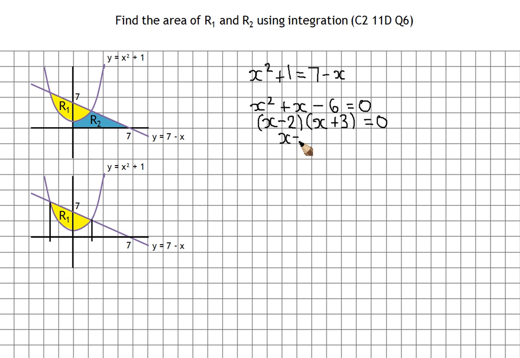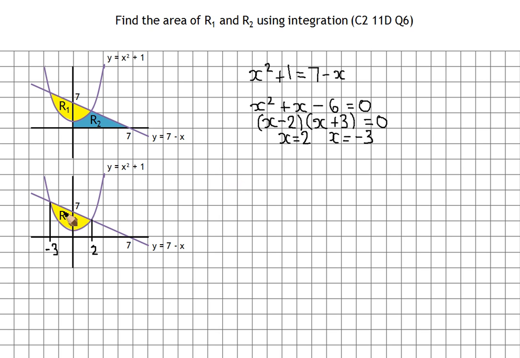That gives us the solutions x equals 2, because 2 minus 2 is 0, and x equals minus 3, because minus 3 plus 3 is 0. So this point here has an x value of 2, and this point here has an x value of minus 3. So we've got the limits of our integration, the two values that we need to integrate between.